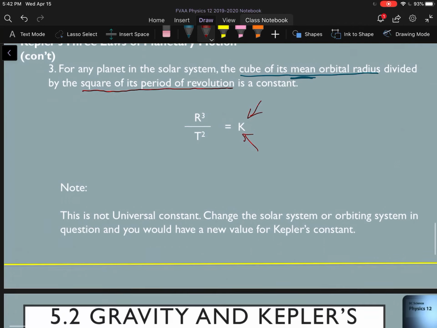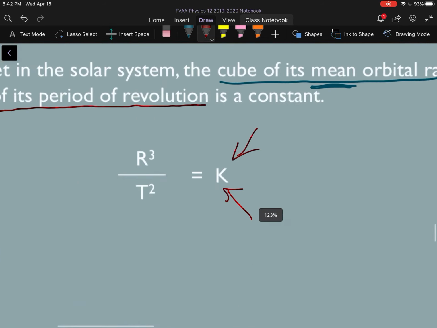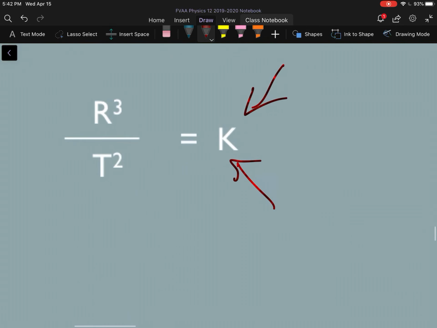So change the solar system or orbiting system in the question, and you may have to have a new value of Kepler's constant. Okay, so you're going to get a k constant for the solar system and all the planets around the sun. You can get a different k constant for all the objects orbiting around the Earth, right? Because that's a different system.